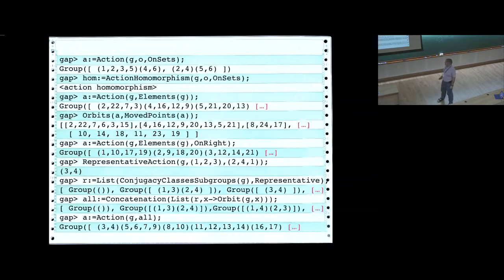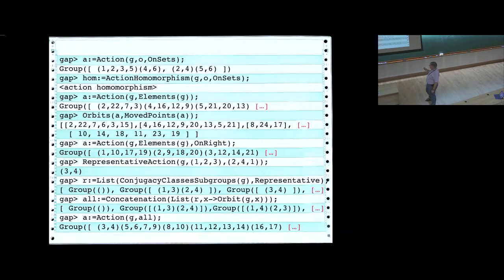Stabilizer calculations. With action, I could take the action of G on this set, and as I mentioned, I will get a group of degree 6 for the action homomorphism. I could also have a group acting on its elements. Caveat: if I don't specify something, the action is on points, that is the conjugation action.